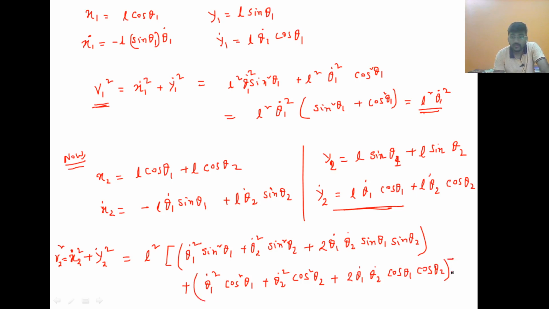So this will be x2 dot square plus y2 dot square.